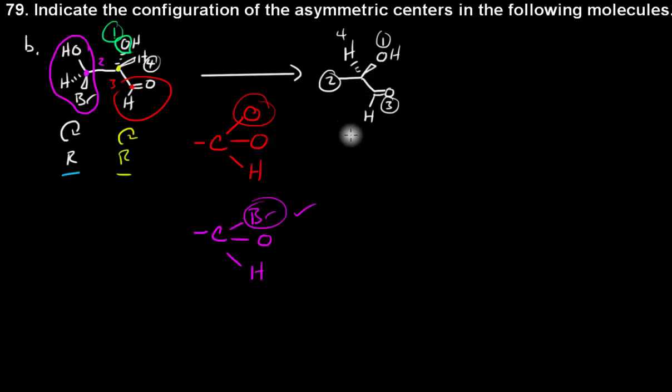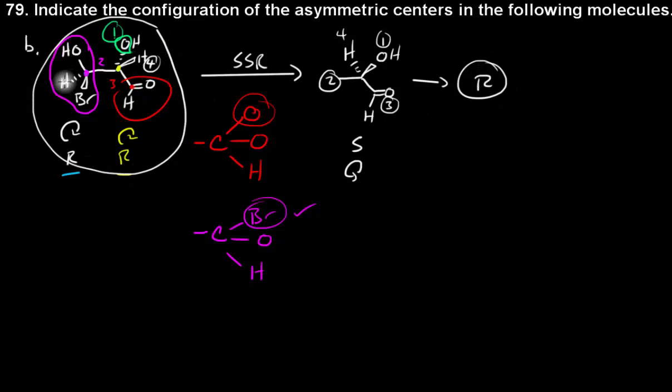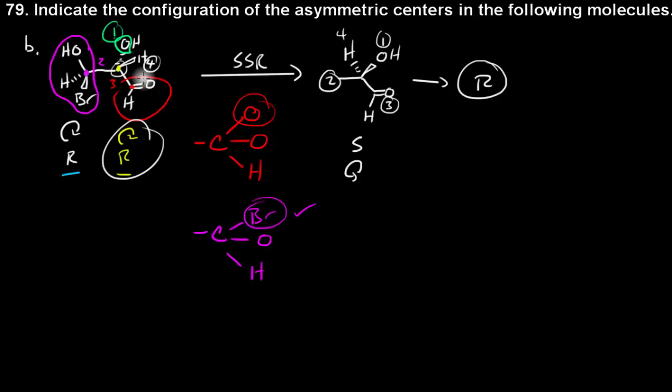Okay, so it looks like this is an S configuration because it looks like it's going in a clockwise manner. But this is after a single swap. So remember that after we do the single swap to figure out the configuration, we have to swap again. So we're going to actually have an R configuration, not for the overall molecule, but for this particular yellow chiral center.